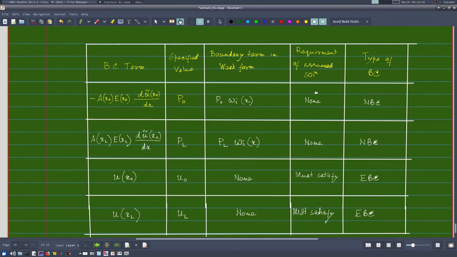The assumed solution need not fulfill any requirement for that, and because this is an NBC, a natural boundary condition, it can be fulfilled naturally.